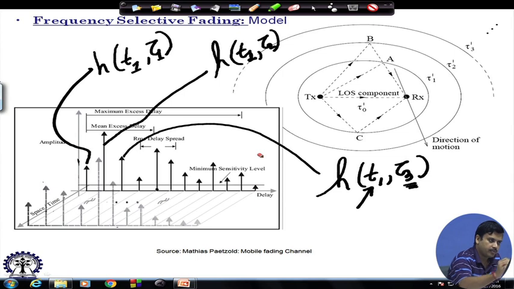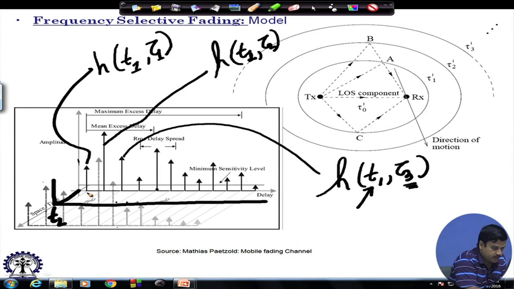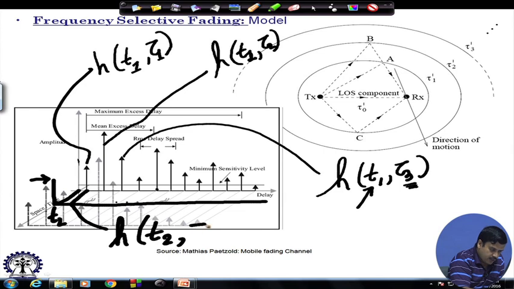So, we cleaned it up, and so let us look at another instant of time, which is at time t2. At time t2, if we launch the experiment, we are going to get an echo here, which would be h of impulse launched at time t2. This is the impulse which is launched at time t2, and the echo received at a delay of tau 1.